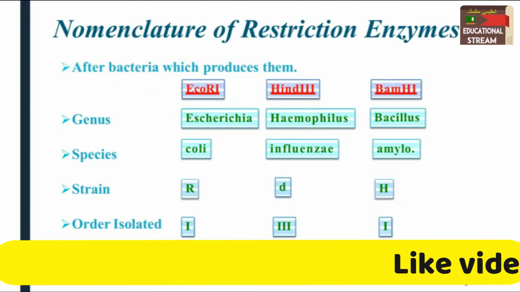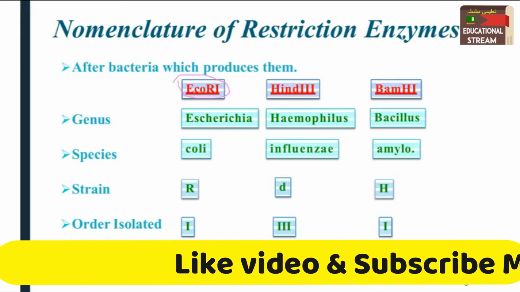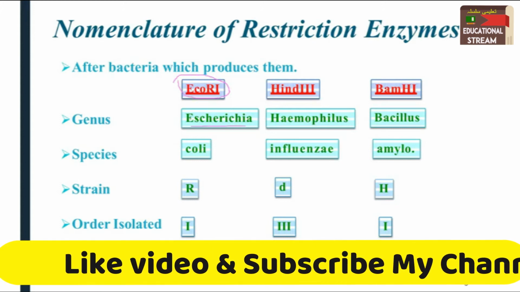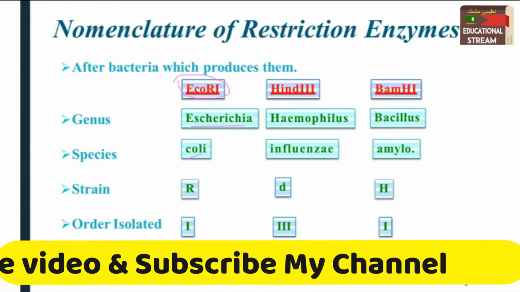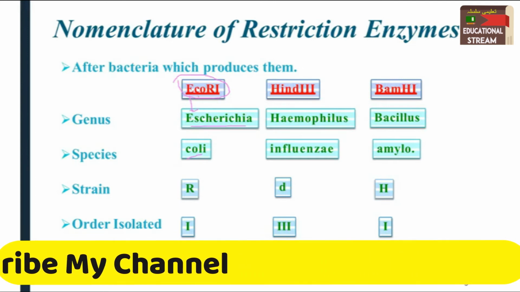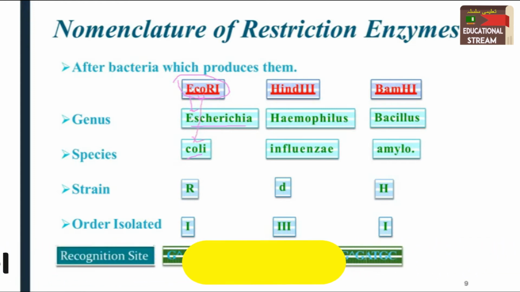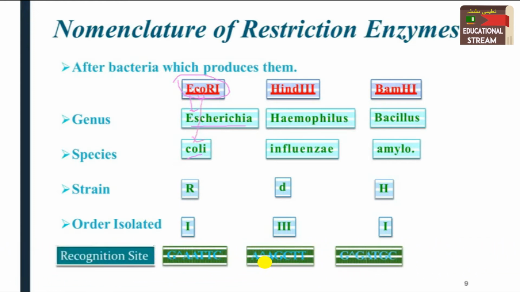If we see the enzyme EcoR1, EcoR1 was isolated from Escherichia coli. So E is from the genus name, and C and O are from the species name. Then from which strain of E. coli was it isolated?